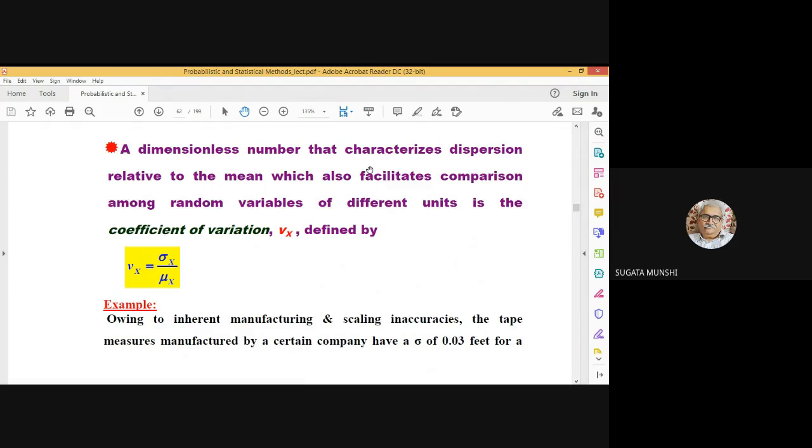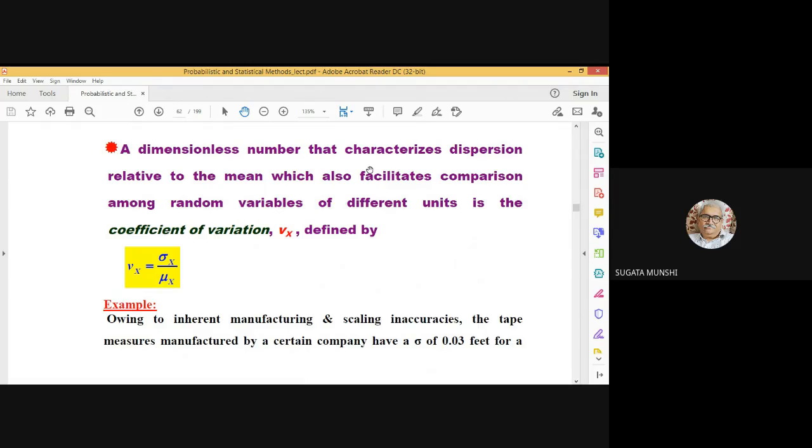Because the 0.3 volt and 1 volt that I have mentioned, apparently the 1 volt situation is worse. But I have not mentioned anything about the expectation. It may happen that whatever you are observing in case of the 1 volt variance signal, maybe the expectation is 100 volts.